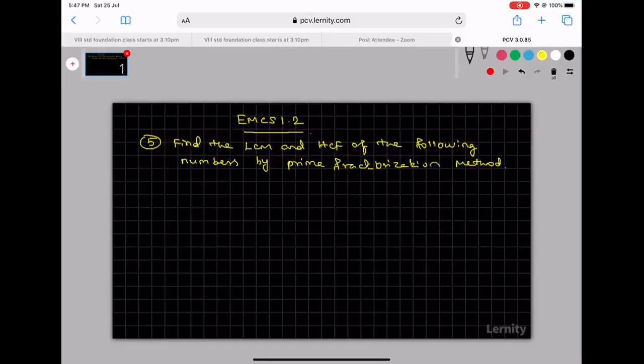So in this we started one problem. The last problem is 72, 84. Here you see, to find LCM.